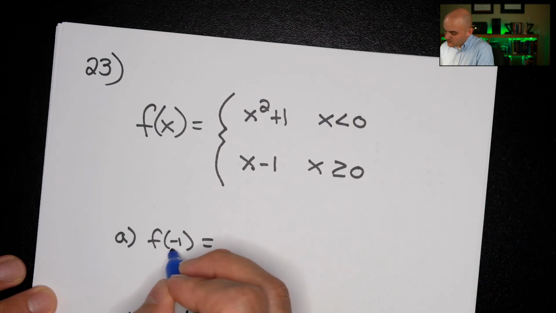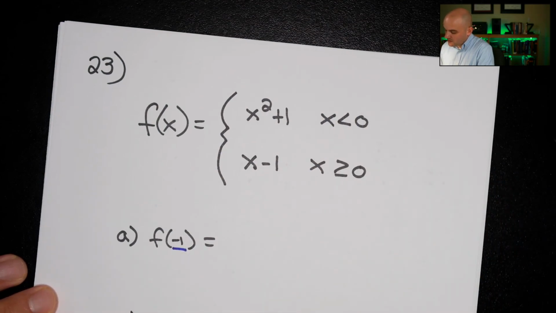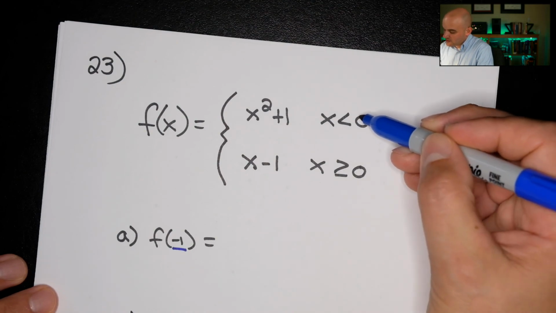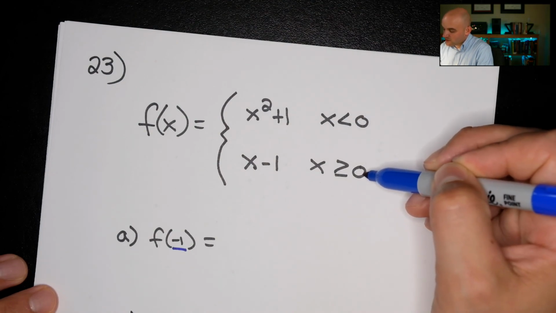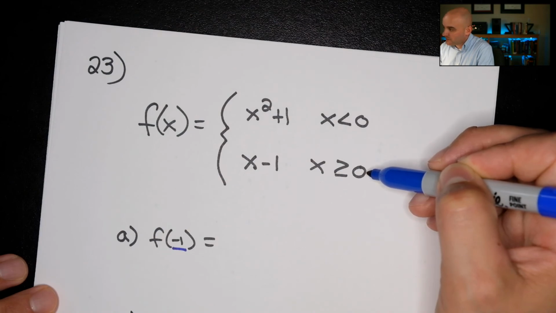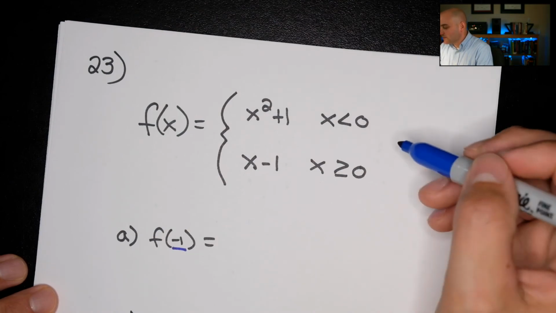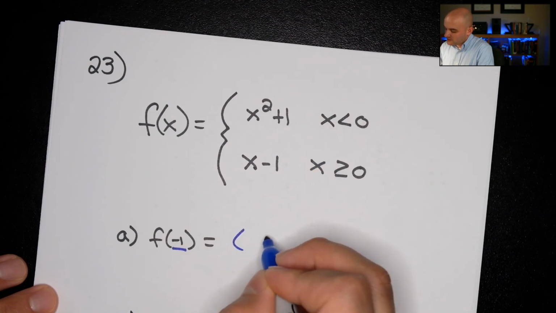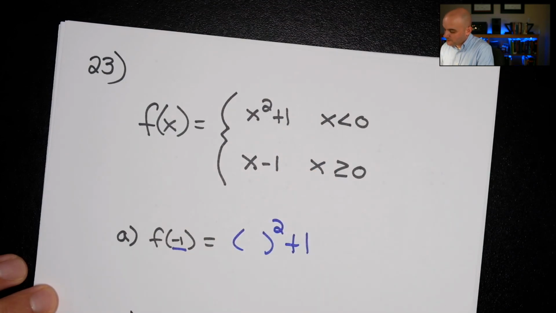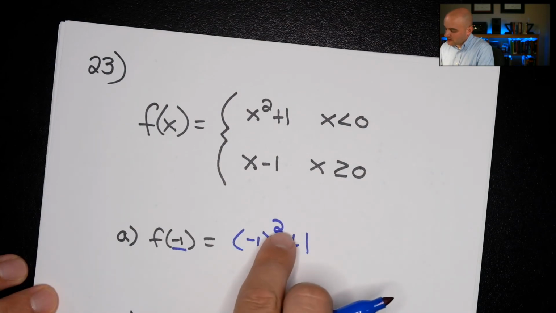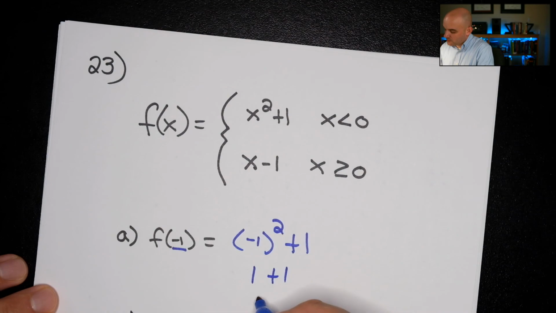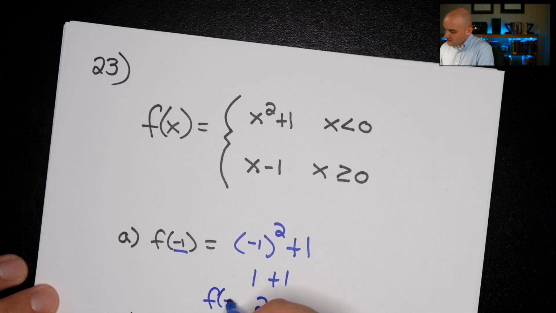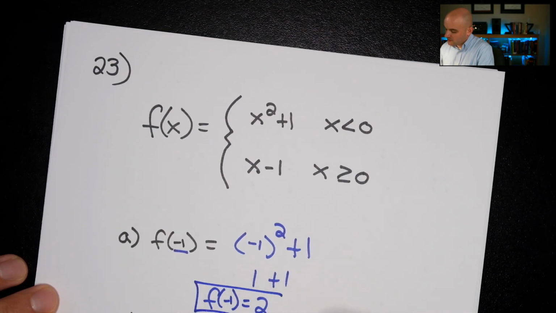When I want to evaluate f of negative 1 here, which category does it fall under? Is negative 1 less than 0 or greater than or equal to 0? Well, it's less than 0. So this is the function I'm going to use. So I'm going to say something squared plus 1, and then substitute negative 1 into it. Negative 1 squared is 1, and 1 plus 1 is 2. So the f of negative 1 equals 2.